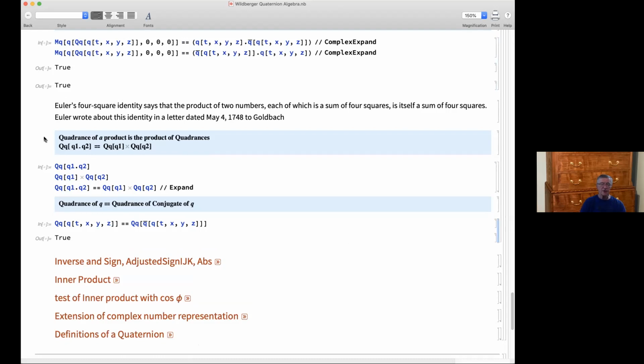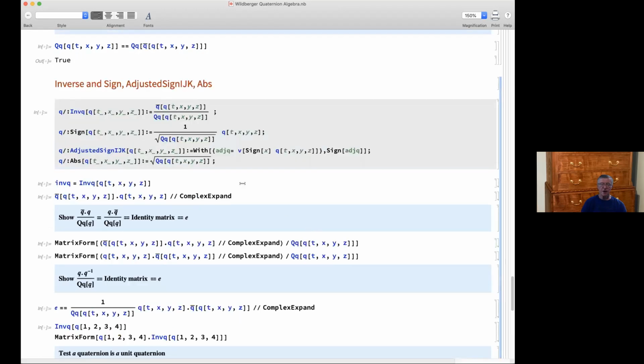The quaternion package that Mathematica has goes into a couple of other operations called the sign and the adjusted sign. So I just threw them in here after I defined what the inverse of a quaternion is. And the nice thing about this approach to quaternions is that now we have inverses.